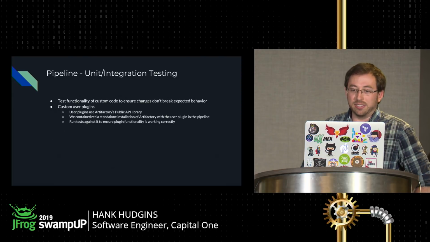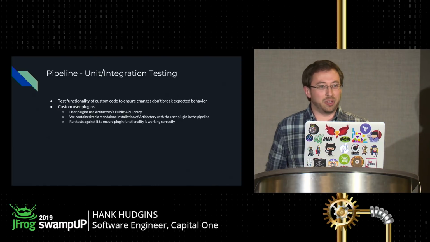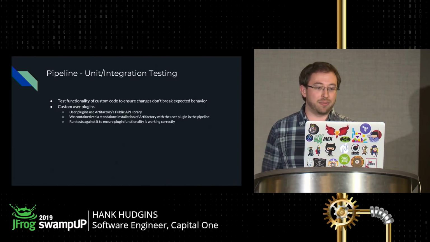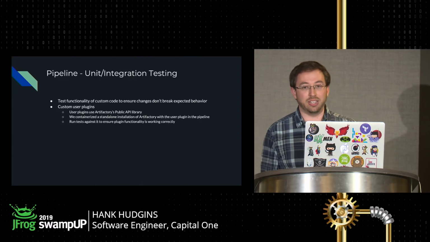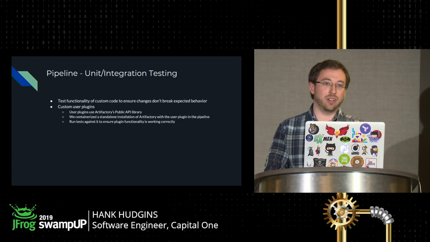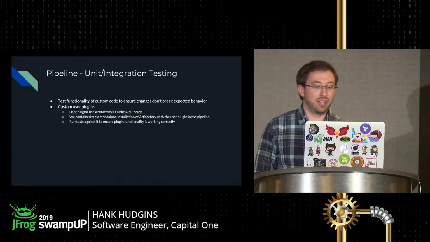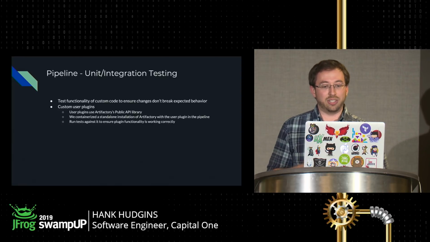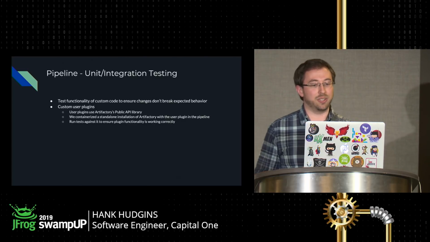And then the next is unit and integration testing. Again, this really probably only applies to any custom code you might have. So you just have to test to make sure that it's not going to break any expected behaviors. And this also can apply to custom user plugins. I don't know how many of you use custom user plugins in Artifactory, but they actually use Artifactory's public API library, so it's a little tricky to test those.